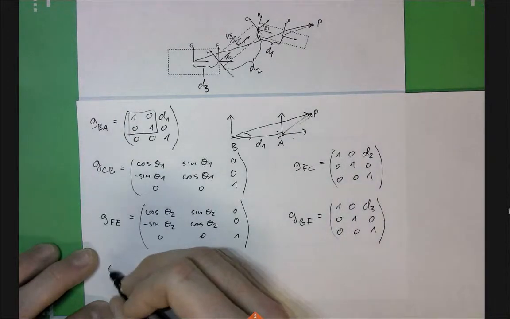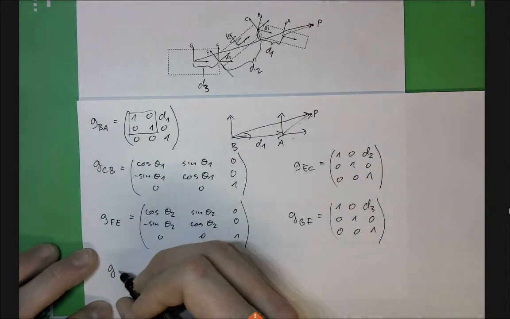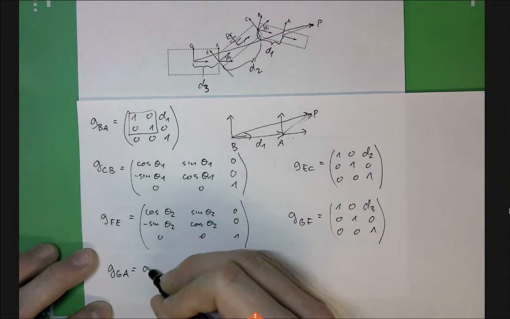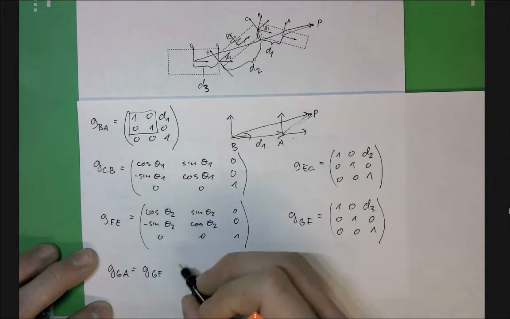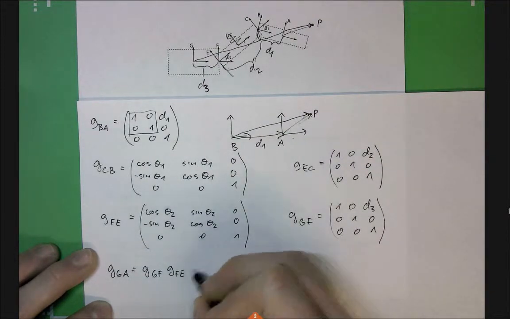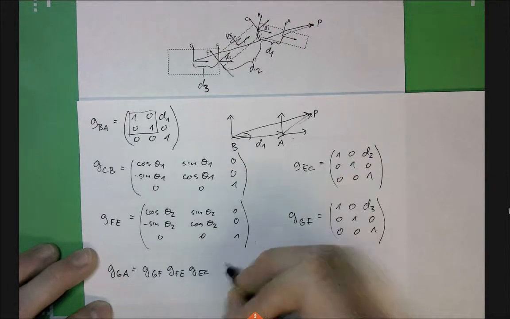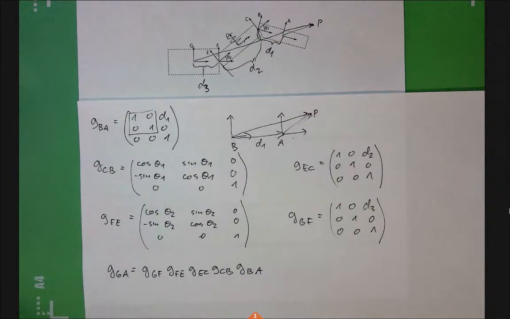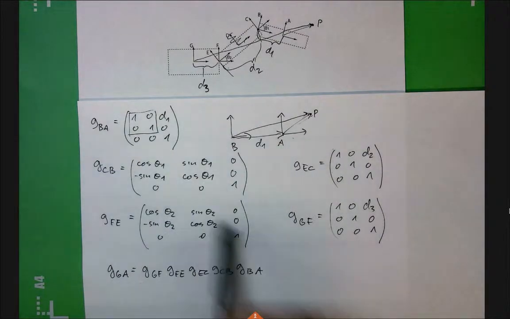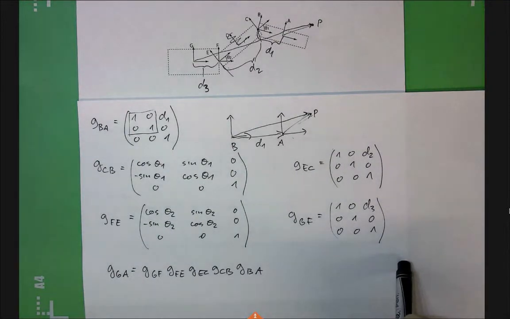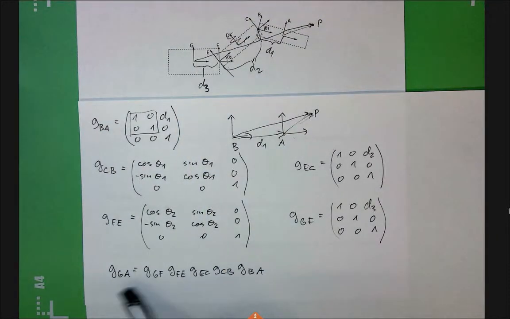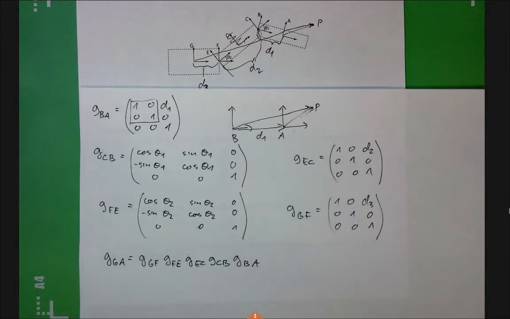So the final matrix going from A to G is the product of these matrices, and that is the answer. You could multiply it all together if you like matrix multiplication, but I said that you can leave the answer as a product of component matrices, so this is a perfectly fine answer.